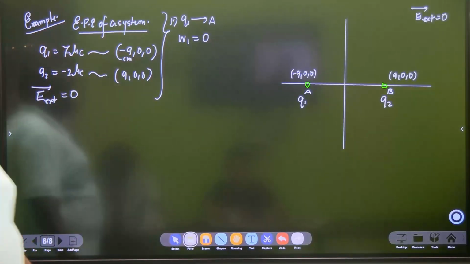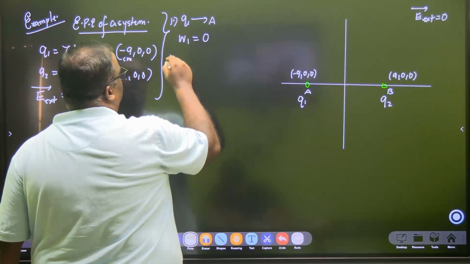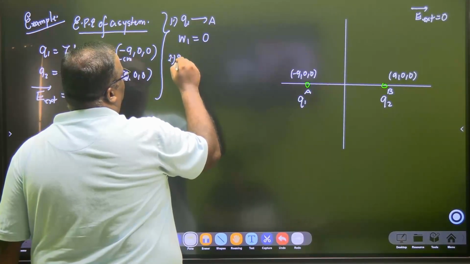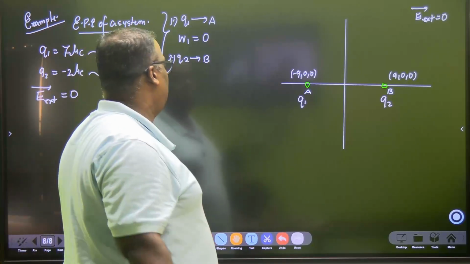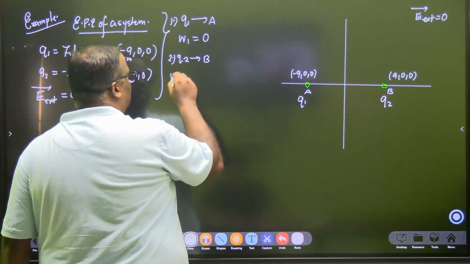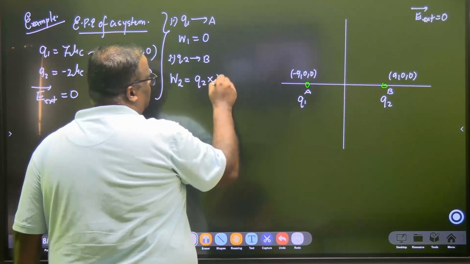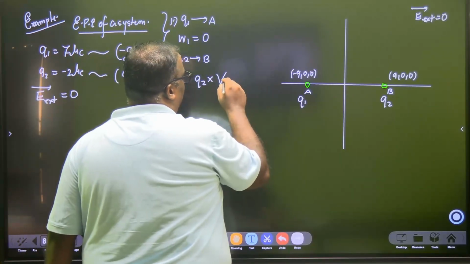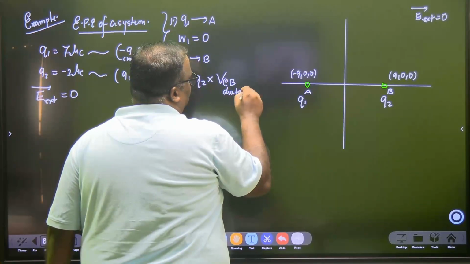The second job is bringing Q2 to B. When you bring Q2 to B, the work done W2 will be equal to Q2 multiplied by the potential at B due to Q1.